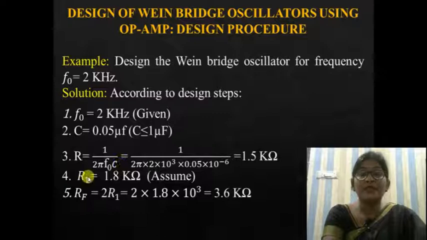The next step is R1. Here you can assume the value of R1, so this is 1.8 kilo ohm. The next step is RF equal to twice R1. Always RF is equal to twice R1, so you can assume the value of R1 according to this formula. After calculating, RF will be equal to 3.6 kilo ohm.